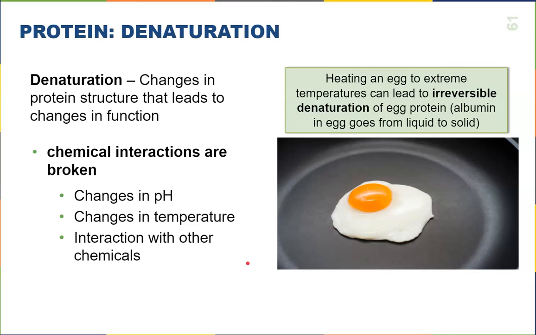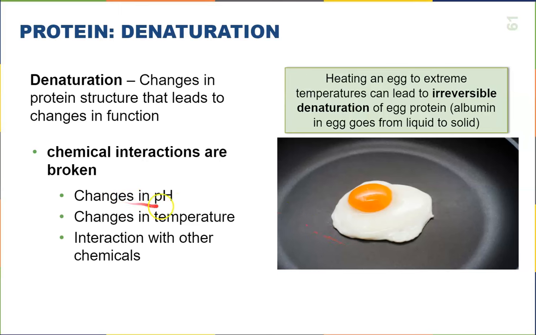So changes in pH, changes in temperature, and interactions with other chemicals, and maybe even radiation, would cause denaturation of a protein. So if you think about an egg, it has a lot of protein in it. When we put it in a hot frying pan, it's going to change color, and that actually changes the protein shapes in the egg itself.